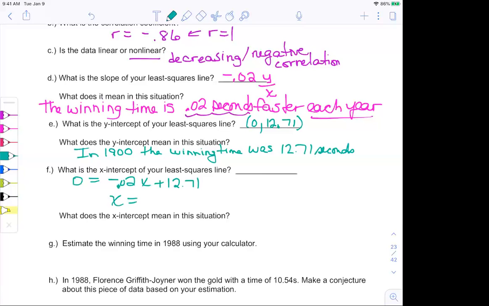Faith, do you have the x-intercept? Yeah, I got 635.5. 635.5? Yeah.